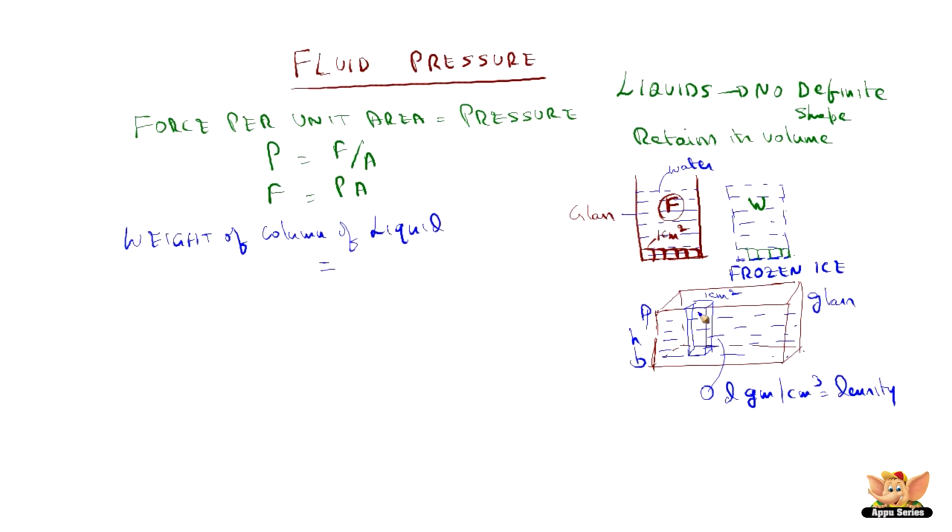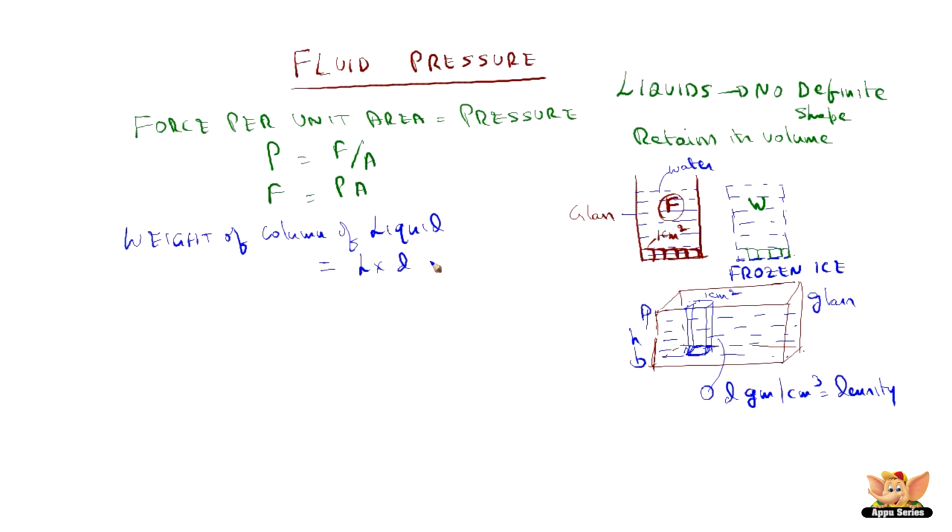The weight of the column on this 1 centimeter square is height times area, so h into 1, and with the density D, it is h into D. Because this hD gram weight is being supported by the 1 centimeter square of the bottom, by this entire column of height h, whose weight is h into D, the density.